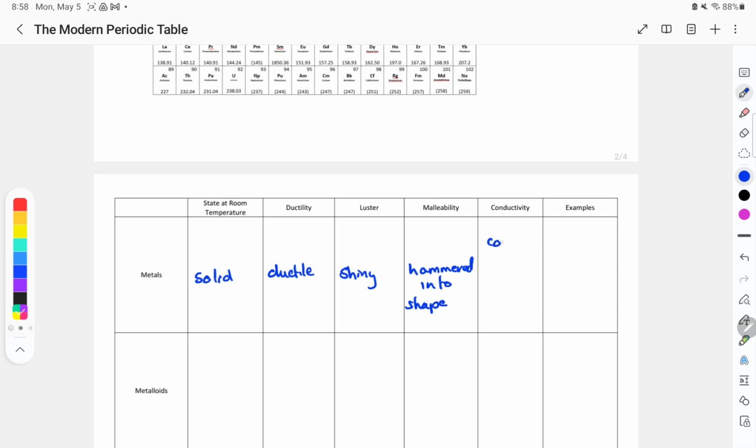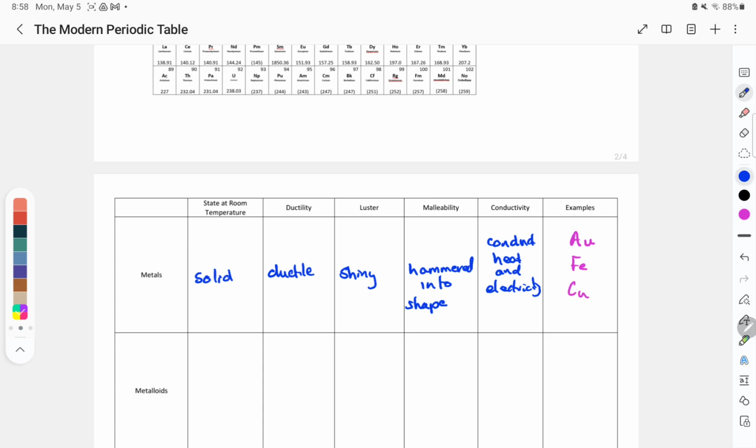They conduct heat and electricity. We have a wide variety of examples. Common examples that people know about would be things like gold, Au, iron, Fe, or copper, Cu.